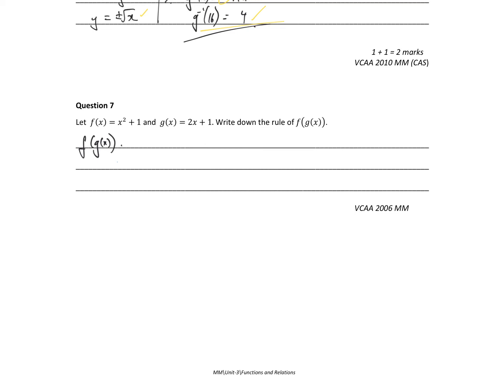Substitute g of x into f of x, so I get 2x plus 1 squared plus 1, don't I? So 4x squared plus 4x plus 1 plus 1, 4x squared plus 4x plus 2. Well, hopefully we've got it right that time.